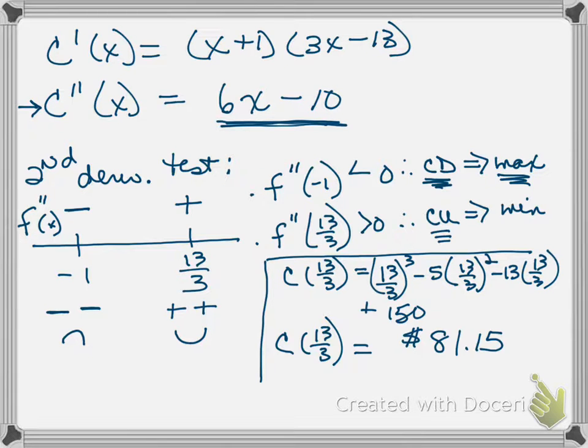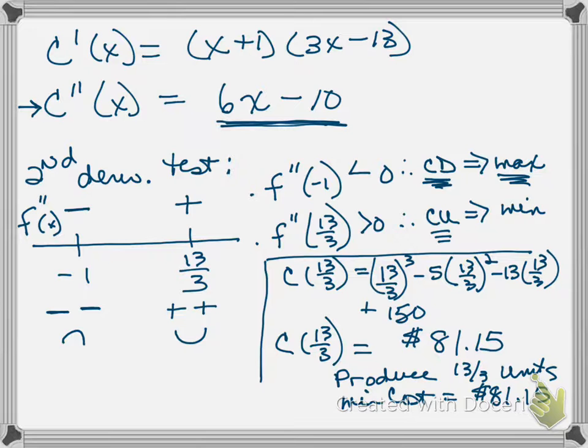All right, so my final answer is, if I want to minimize cost, I want to produce 13 over 3 units, and my minimized cost will be $81.15.